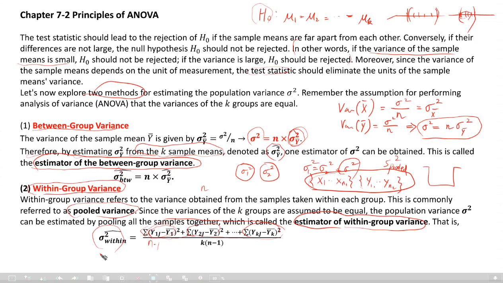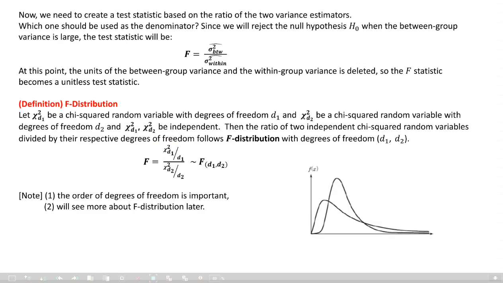Then we have to eliminate the unit. Now we need to create a test statistic based on the ratio of these two variance estimators. Which one should be used as the denominator?